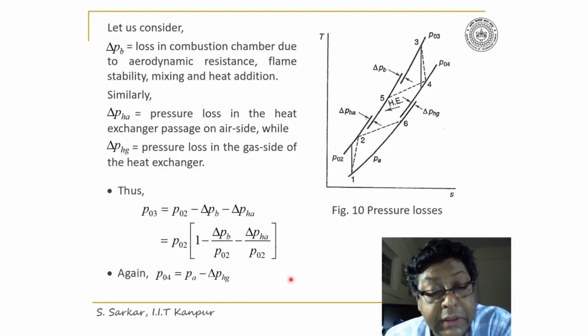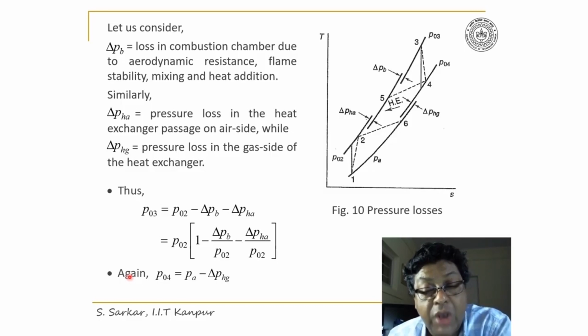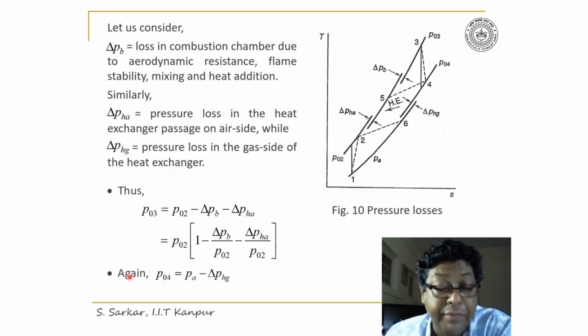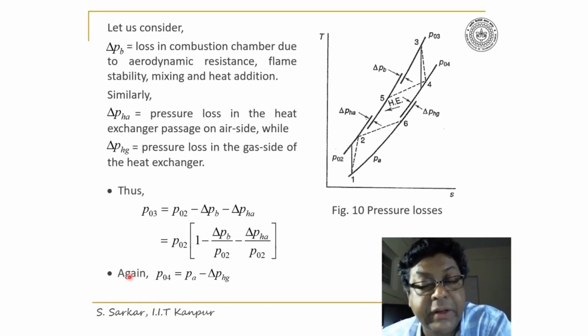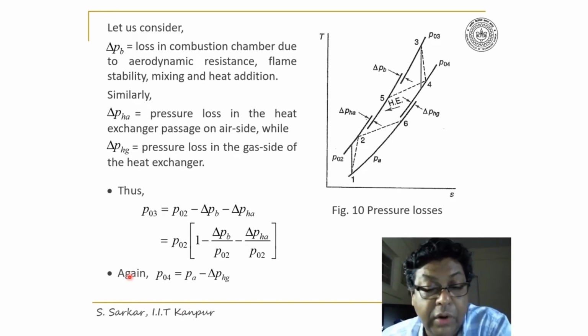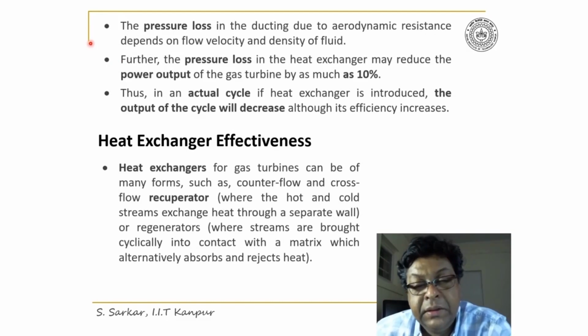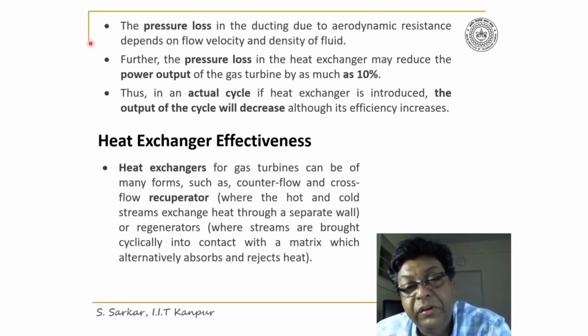Therefore, P04, that is the exhaust pressure from the turbine, will be higher than the atmospheric pressure because of loss. Furthermore, the pressure losses in the ducting due to aerodynamic resistance depend on the flow velocity and density of the fluid.